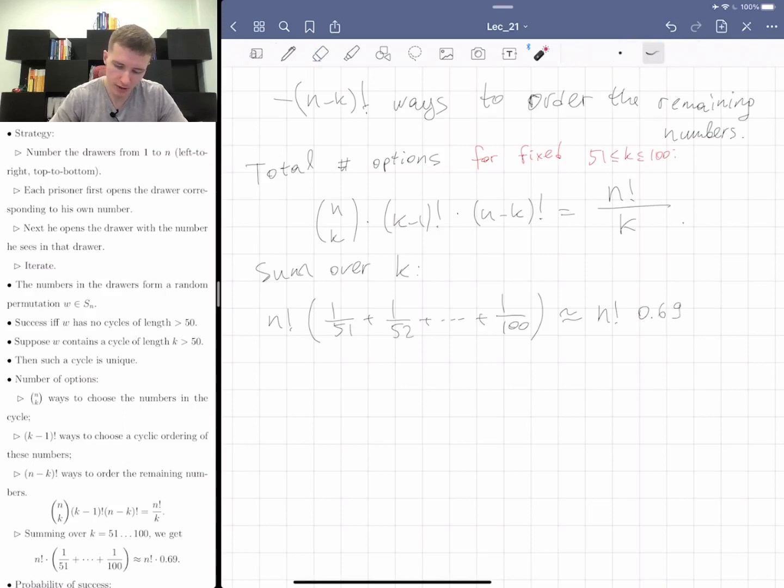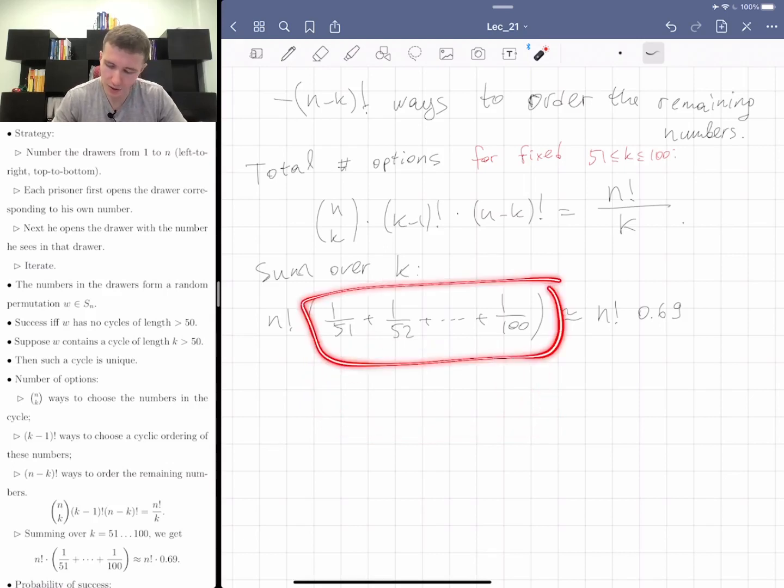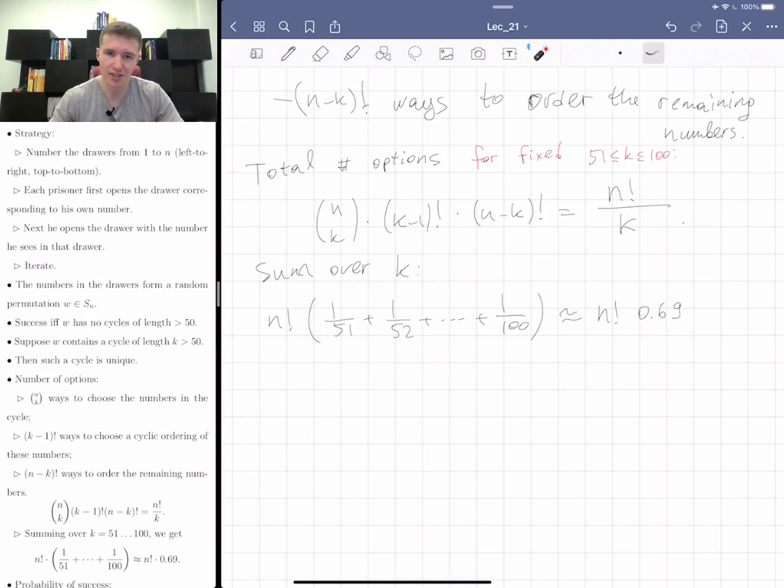If you sum all numbers of the form 1 over n, you would get infinity. But if you sum from 1 over n to 1 over 2n, then that sum is, well, anyway, this sum is equal to 0.69. That's all I can say.